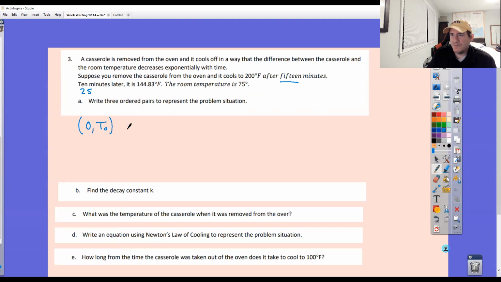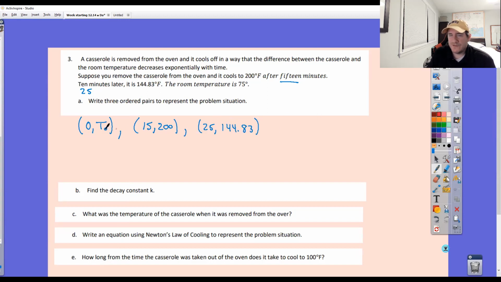It's the 25-minute mark. So the data points they've given us are not the initial value. They gave us the temperature at the 15-minute mark, and it was 200. And then they gave us the temperature at the 25-minute mark, and that was 144.83.